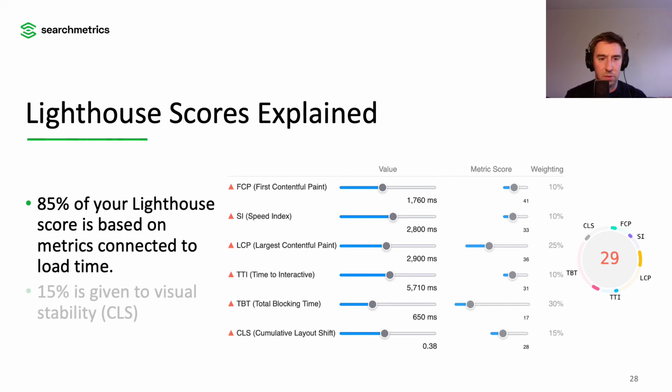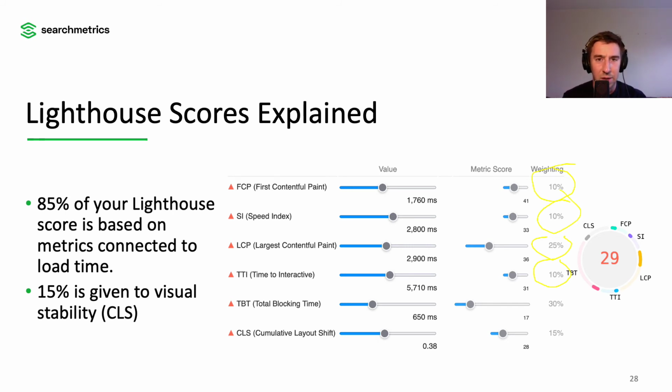I'll just circle this. 85% of those metrics are effectively measuring loading time, and only 15% is given to visual stability, which is cumulative layout shift. So if you have incredible loading time across the first 5 metrics in this list, you're very likely to have a high performance score.